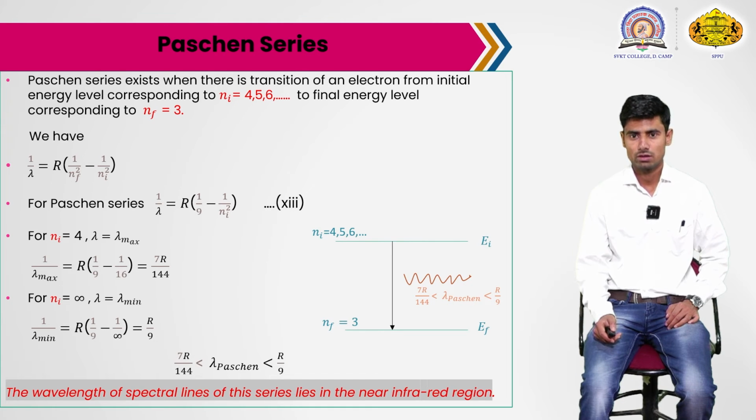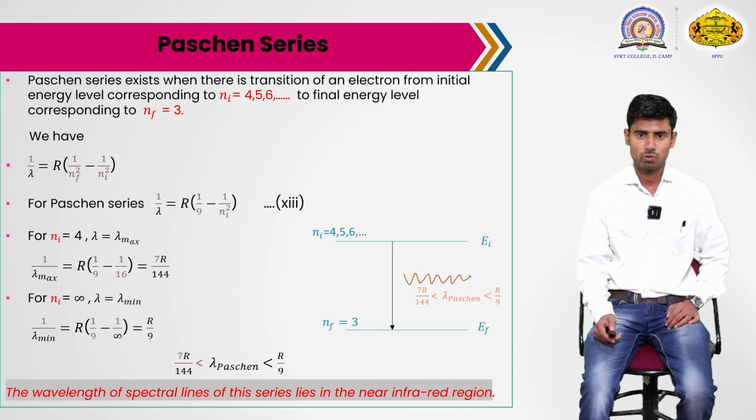And so I will get the wave number for the Paschen series as 1 by lambda equals R times 1 by 9 minus 1 by Ni square, which is equation number 13. If you want to find the series limit for the Paschen series, we just substitute Ni equals 4, which will give the maximum wavelength. By substituting Ni equals 4, I will get 1 by lambda max equals 7R by 144.